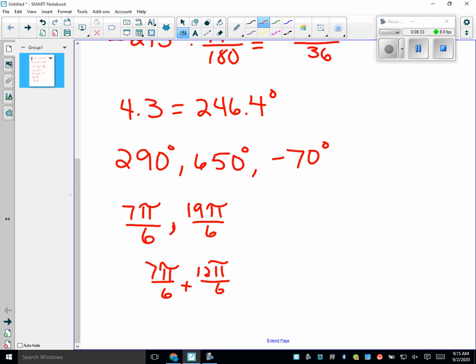Or you could have in your calculator added 7/6 plus 2 and then put pi with it. Do you all agree 19 pi over 6? Yes. What is a negative coterminal angle? Negative 5 pi over 6? Yep. Are we good?